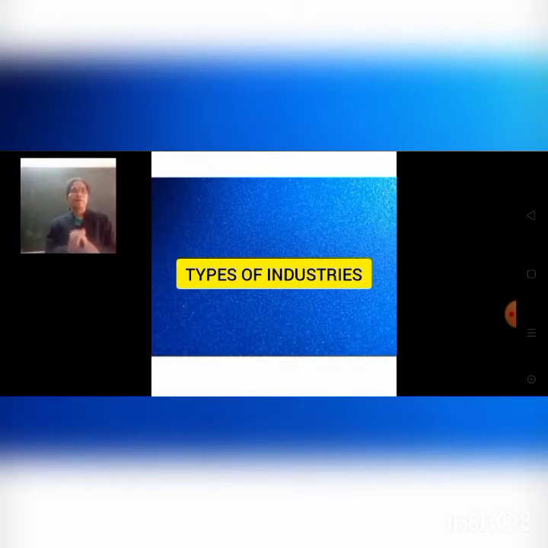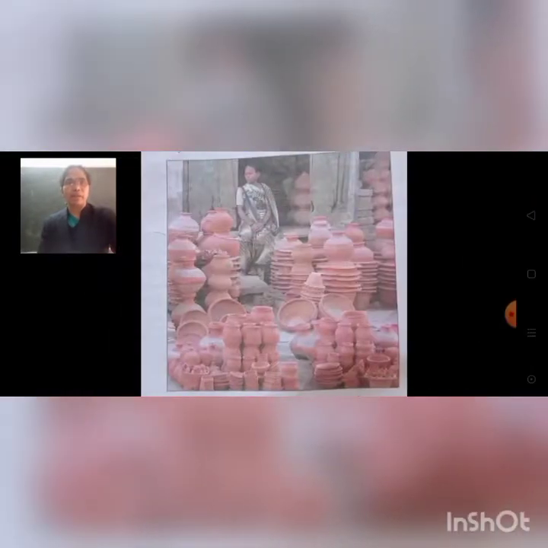Industries are usually classified on the basis of size, ownership, raw materials, and products. Now we can learn one by one about the different types of industries.